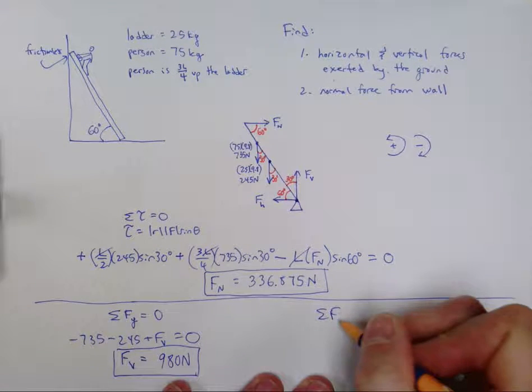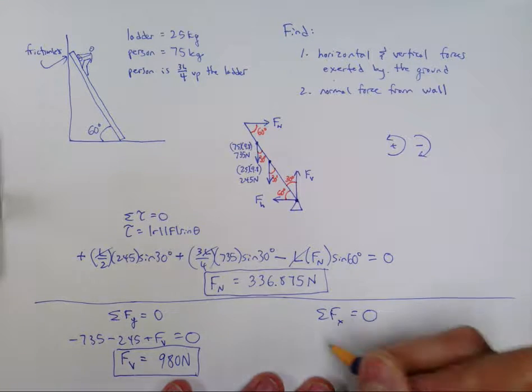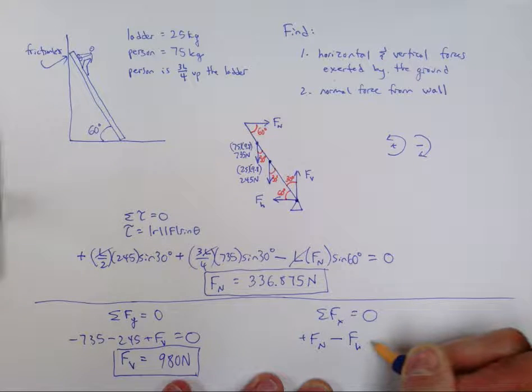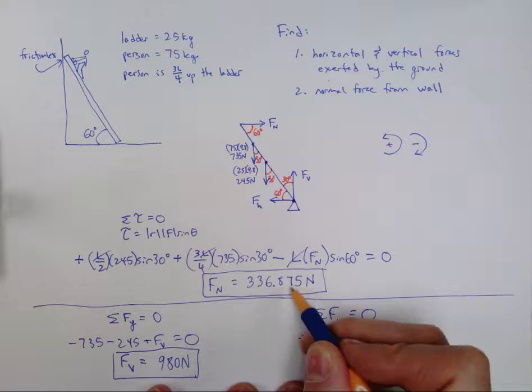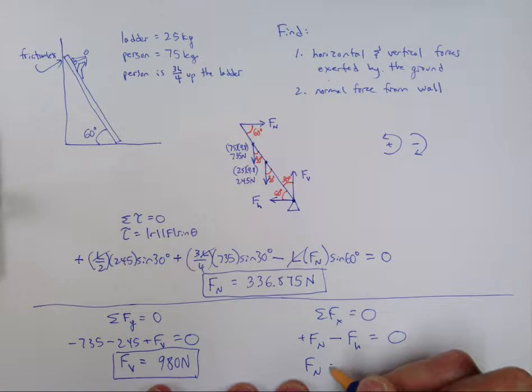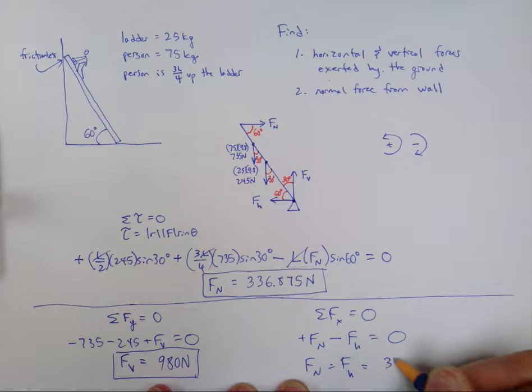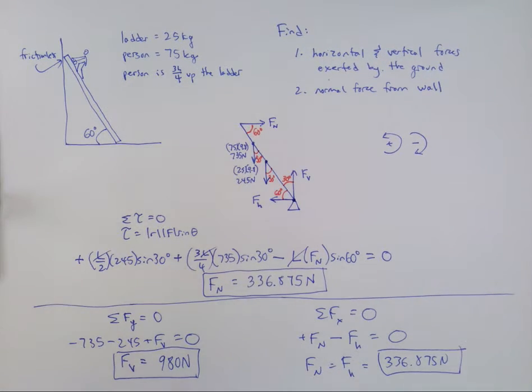Now let's add up the forces in the x direction, and there's only 2 of them. There's positive Fn because it points to the right, and negative Fh because it points to the left. And we learned that Fn is 336.875. So Fn equals Fh equals 336.875. And that finishes the problem.